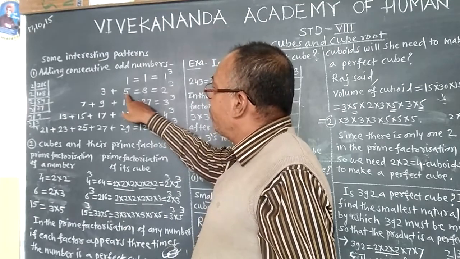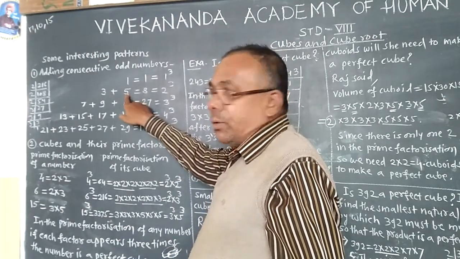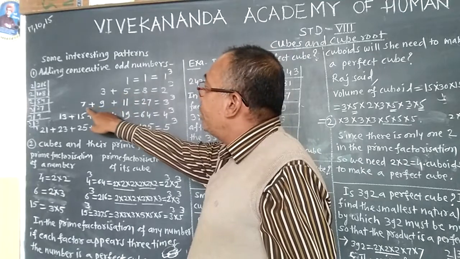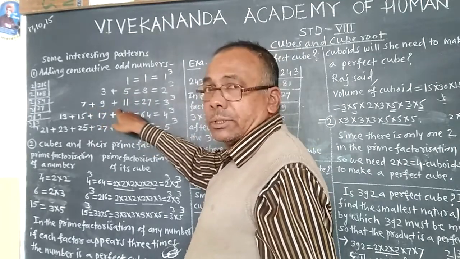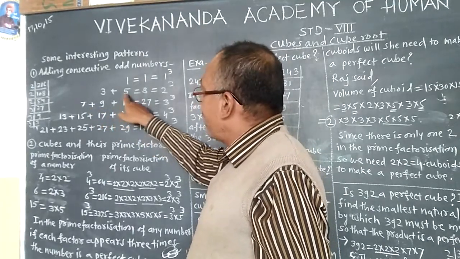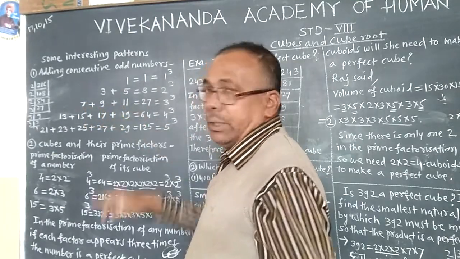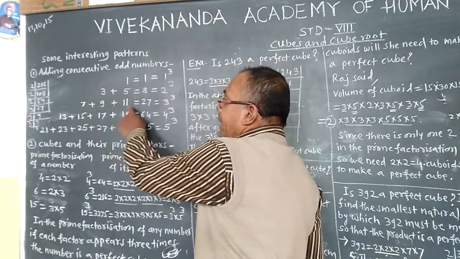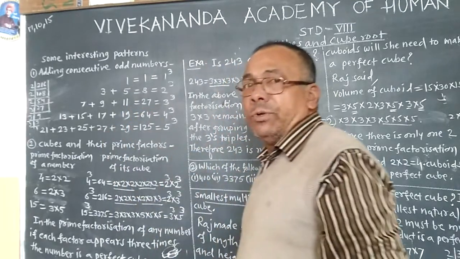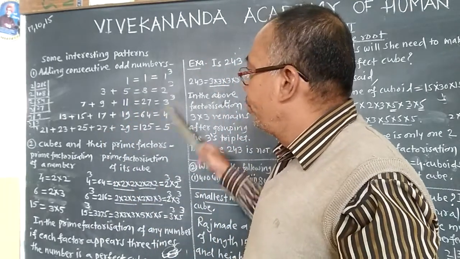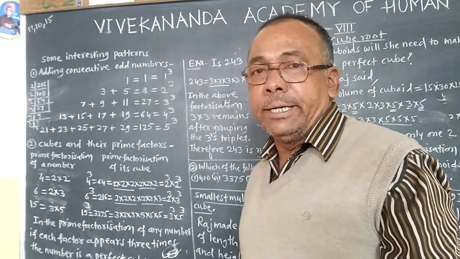Now after 5 we have to take 3 consecutive odd numbers. Means after 5 we get 7, 9 and 11, and the sum of 7, 9, 11 is 27, which is 3 cube.